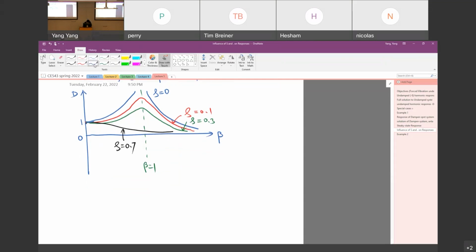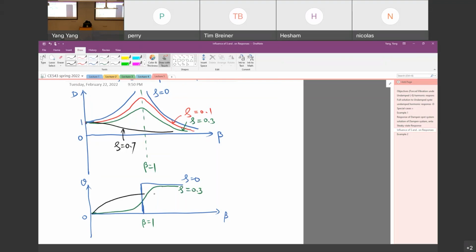Similarly, this graph is also in your textbook. We can plot theta as a function of beta, with the damping ratio equal to 0, 0.3, 0.7, and so on.